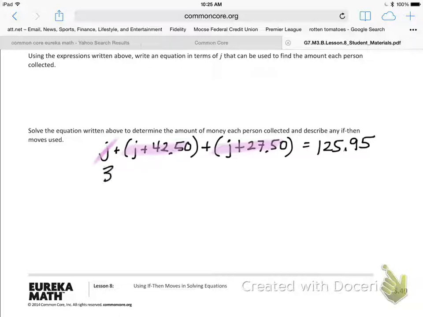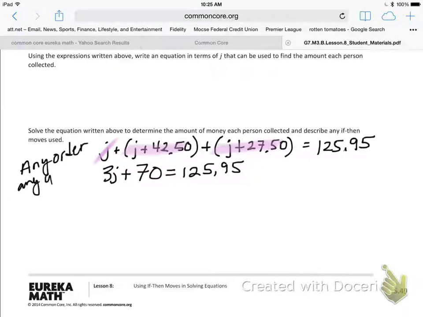So we could do 3J and get our numbers together, so plus 70, and that's the 42.50 plus the 27.50, equals 125.95. And this was again any order, any grouping, also known as collecting like terms.